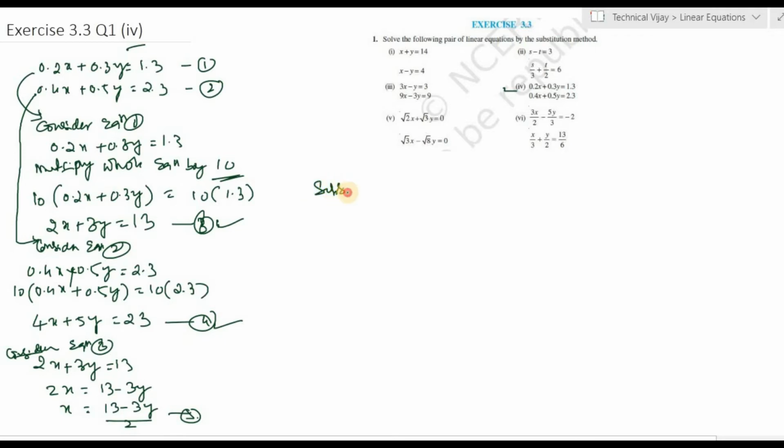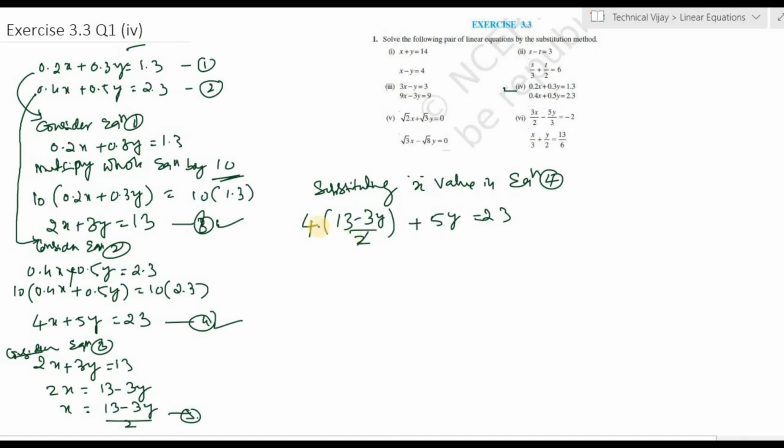Substituting the x value in equation 4: 4 into (13 minus 3y) divided by 2 plus 5y is equal to 23.